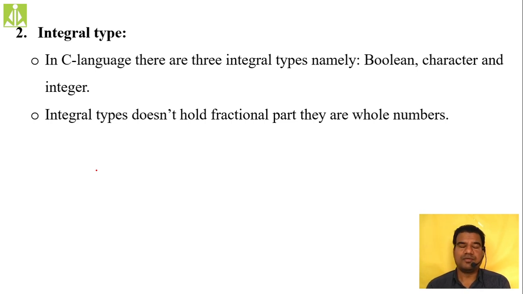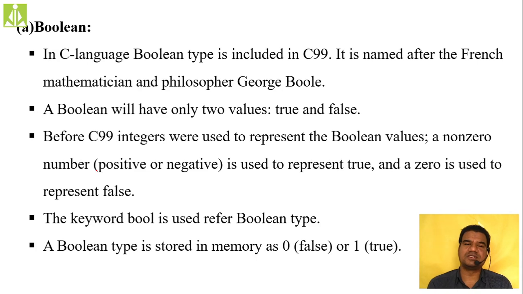Let us see one by one what are boolean types, integer types, and character types. The first type is the boolean type. The C language boolean type is included only in C99.